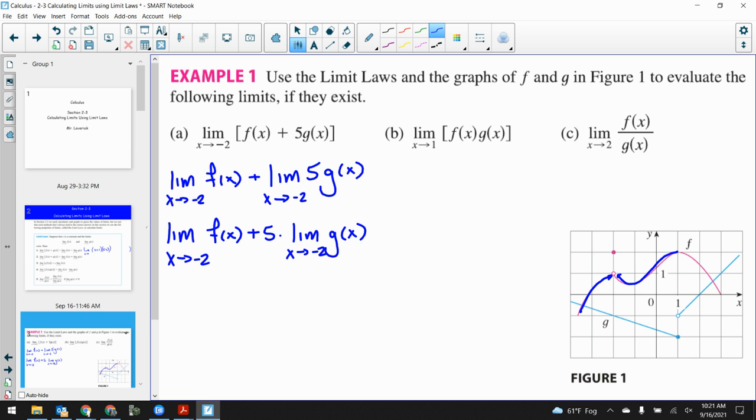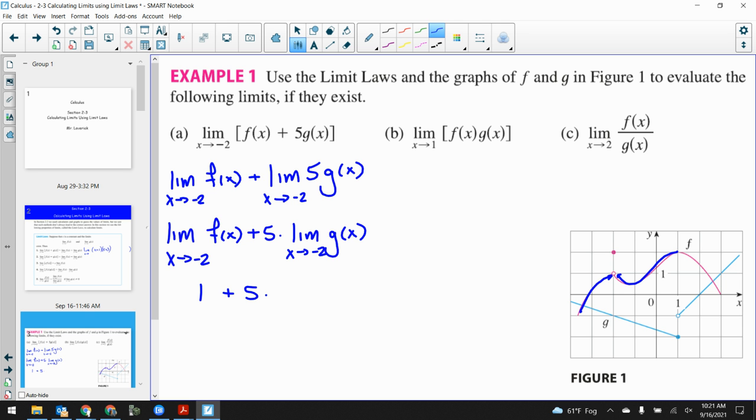Even though it's discontinuous, even though I've removed that point out there, the limit is still going to the same thing. So isn't it going to +1? The limit as x approaches -2 of f of x is +1. Plus 5 times the limit as x approaches -2 of g of x.